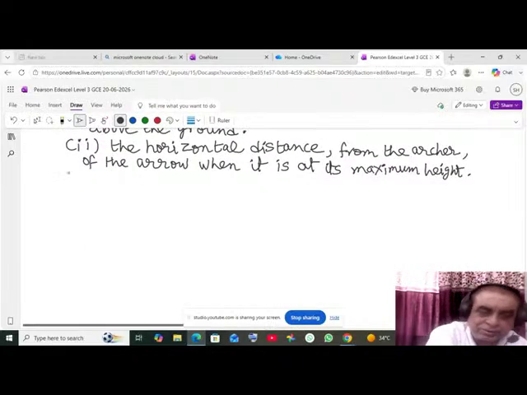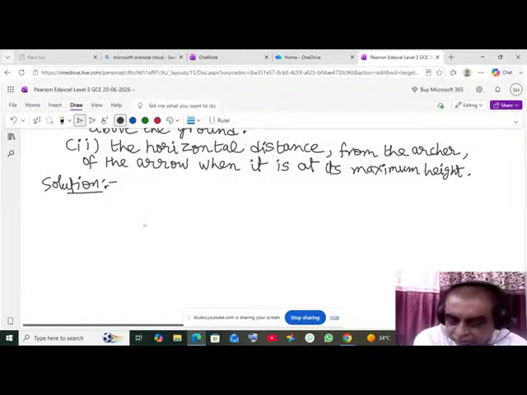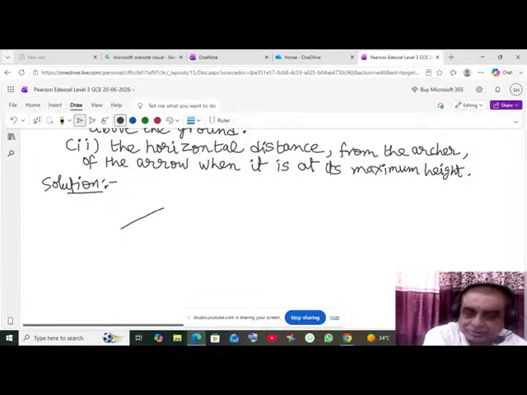Now we are doing this sum. Now you follow here. When we throw anything from the ground, it travels in this type of path, called a parabola. Now from here the arrow flies. This is some initial height above the ground.